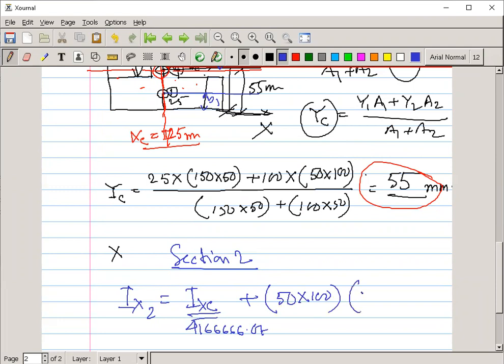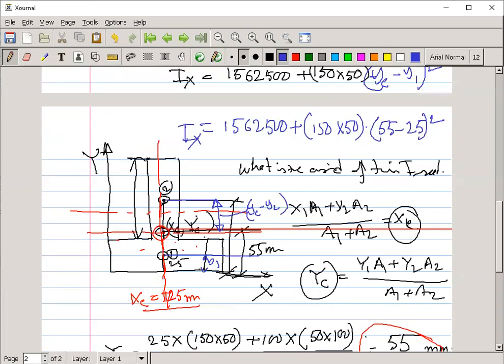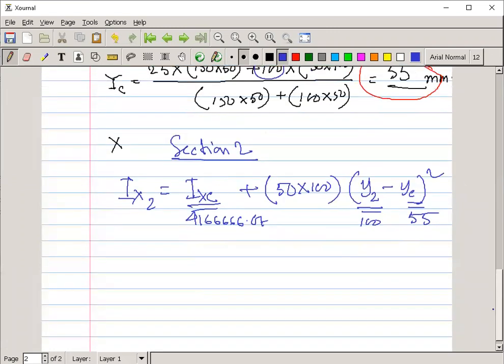And h square is y2 minus yc, where yc is 55 and y2 is 100. Y2 is this portion, so this distance is 50, this is also 50, so that should be 100. Same thing. That is your y2. Is it clear, student?